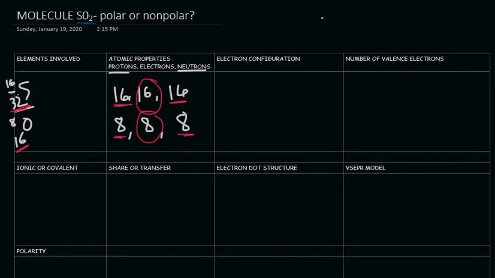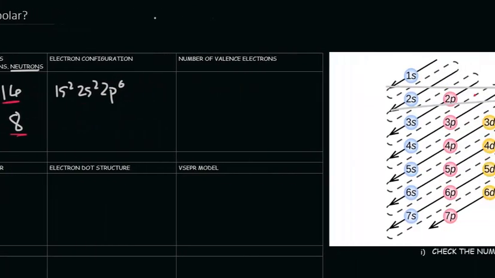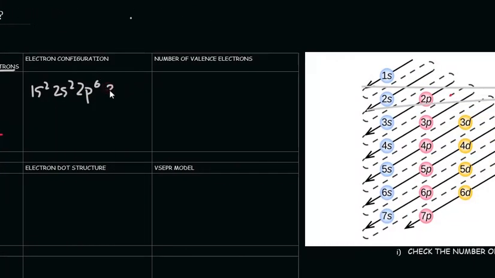We have 16 electrons. Let's start: 1s2. Next 2s2. Next we have 2p6. After this, we need to go to the 3s. 3s2. And then next we have the 3p6.